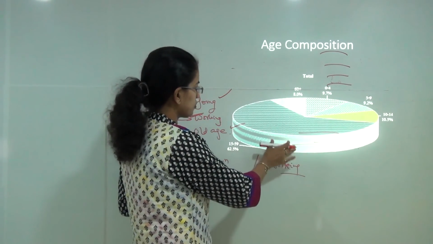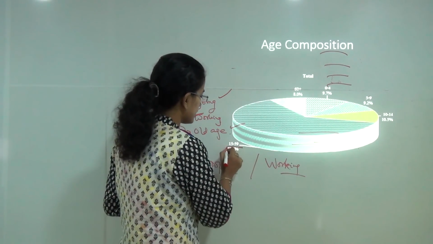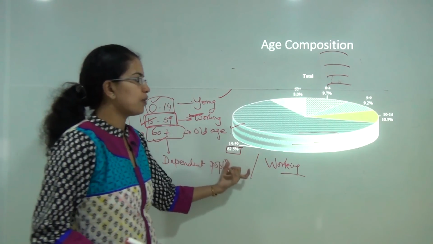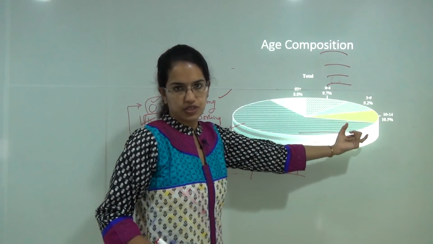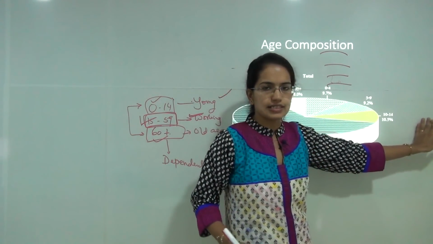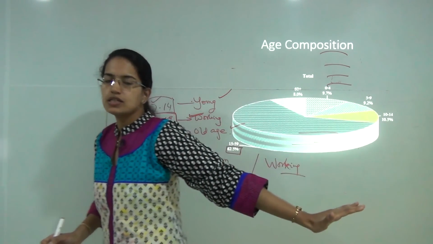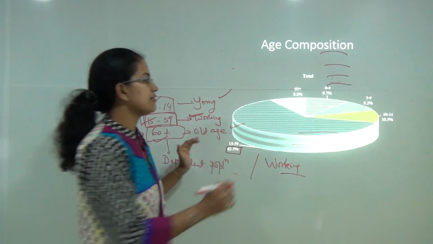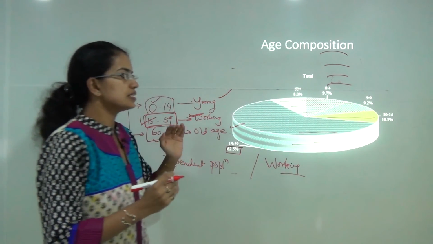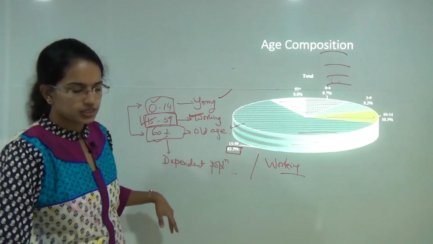In India, nearly 62% of the population is responsible for 100% of the economic activities, I would say, because the remaining population is dependent on the working population. You can see this fraction of the complete pie diagram is dependent on the remaining population.